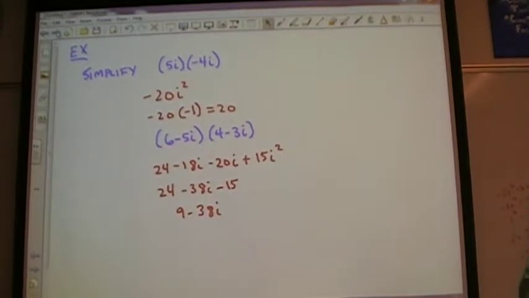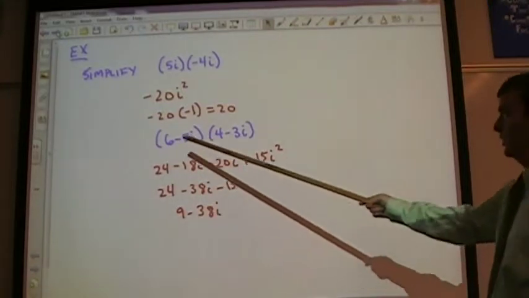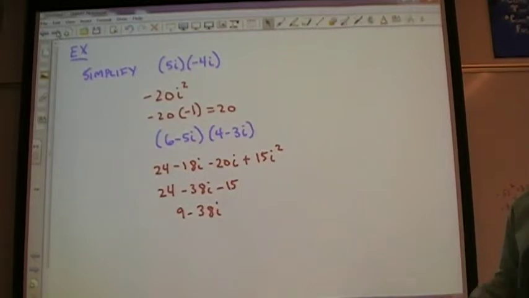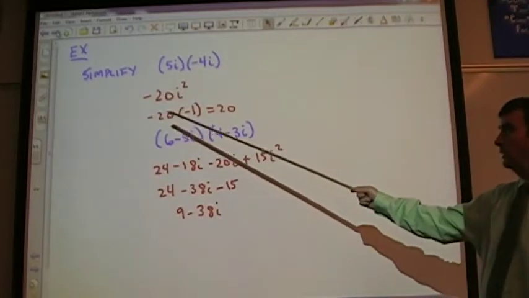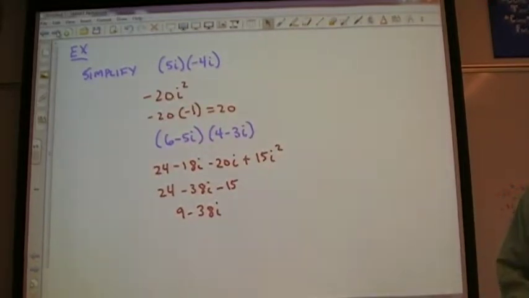Remember, you need to make sure you memorize those first 4 i's. If you know the first 4, you're okay. And -20 times -1 comes out to be +20. So if you have i to any power, it is not simplified. If you have i in the answer, you're good.